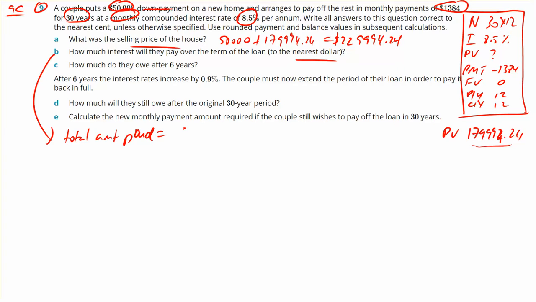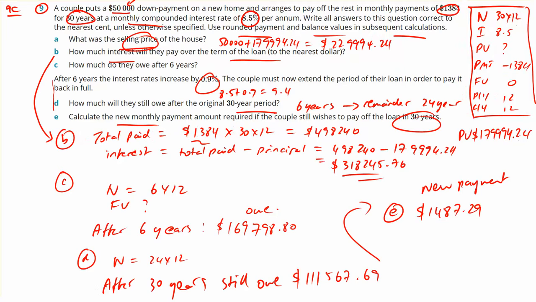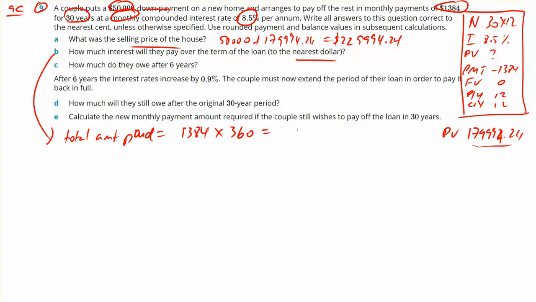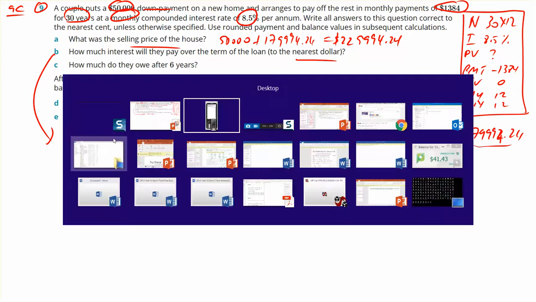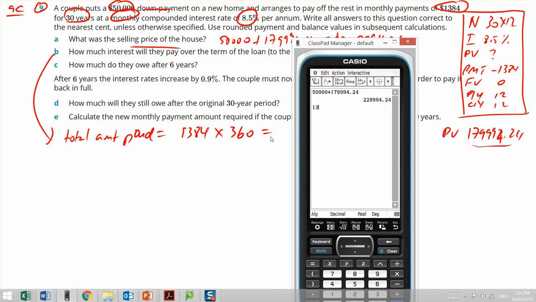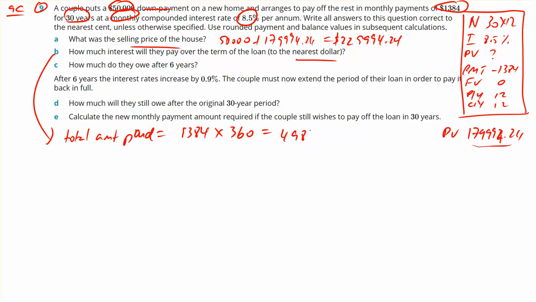Your payments are 1384 per month, and you paid it 360 times, because that was 30 times 12. So this equals 1384 times 360, which is 498240. So that's how much we paid in total.